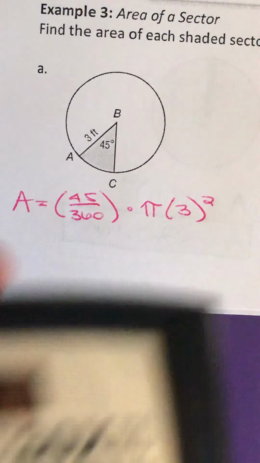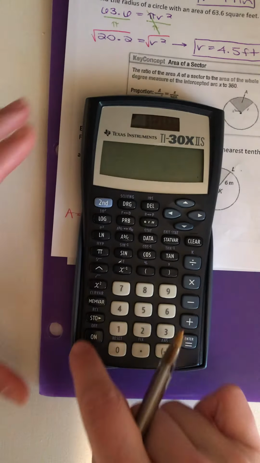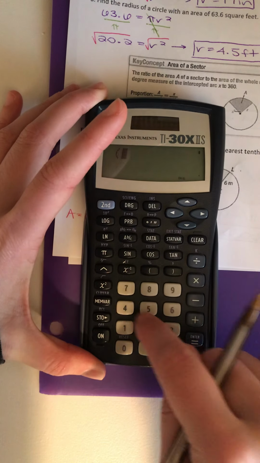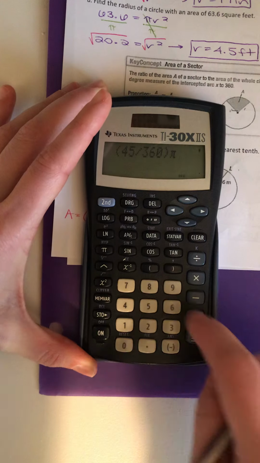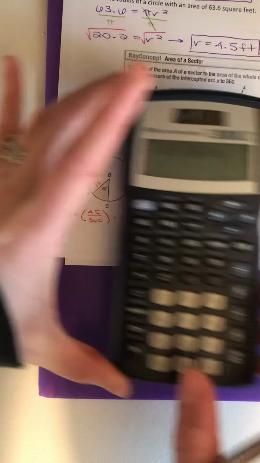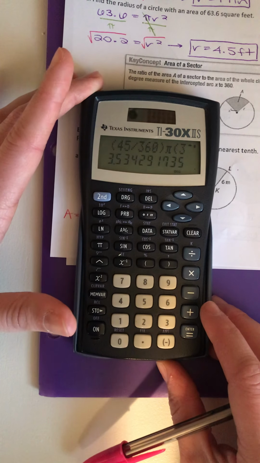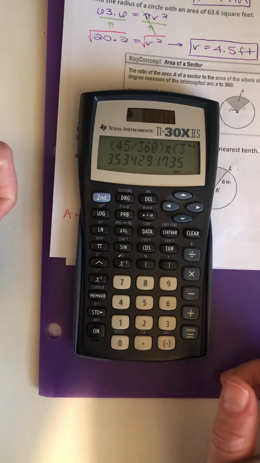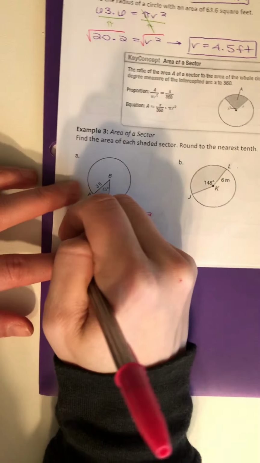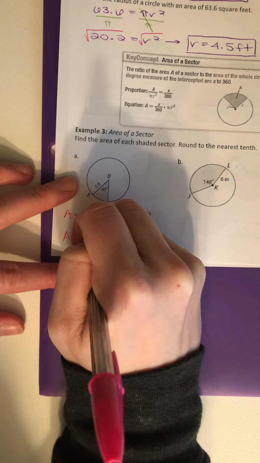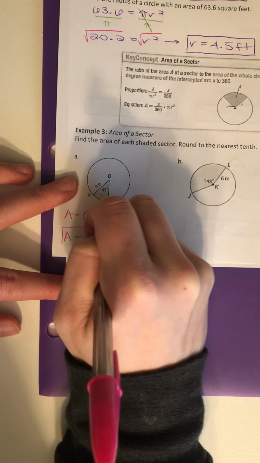So in my calculator, I'm going to put it in just like that, with parentheses: 45 divided by 360, pi, my radius was 3 squared. And I get about 3.5. And since it's feet, it'll be feet squared.